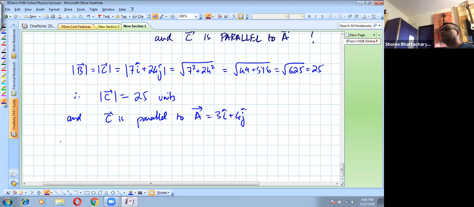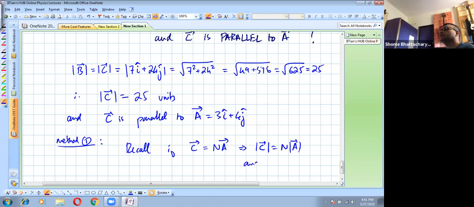One method is that, recall, if vector C is some multiple of vector A, that means that mod C is equal to n times mod A, and A and C are parallel. Here, of course, n I'm assuming is a positive number. So I can do it by this method without using unit vectors.